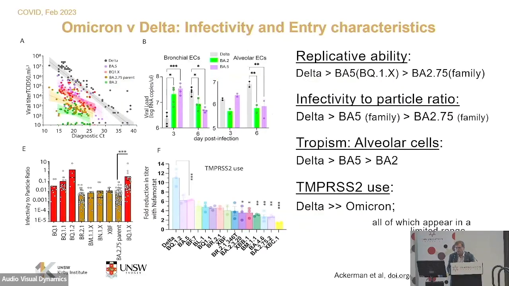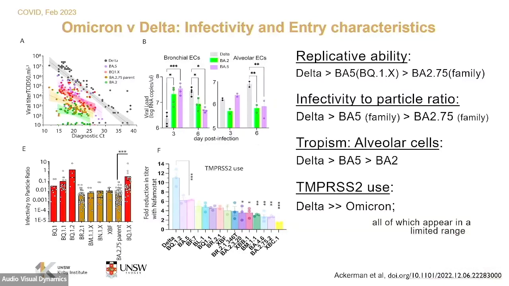At the same time, we've looked at the infectivity and the entry characteristics of each of these viruses. One of the insights I think we've got is from this graph, shown as A, where we've compared the CT value in the swab against the TCID50 that has grown directly from that swab.